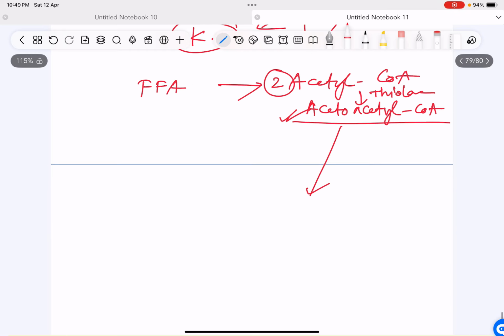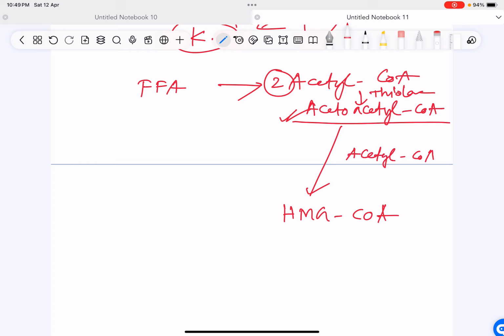Okay, next what will happen to this acetoacetyl CoA? HMG CoA formation will take place from this. How does it form? Another acetyl coenzyme A molecule unites with this acetoacetyl CoA and forms HMG CoA.